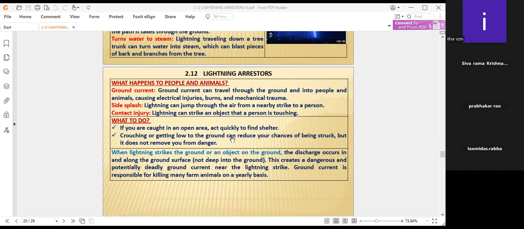You have to go for a permanent structure, not under a tree. A building shelter will be very protective. Otherwise, under a tree or in a small hut will not protect you from danger.